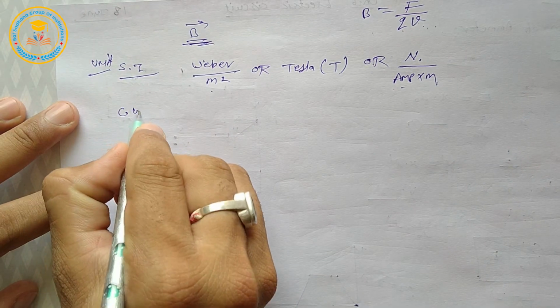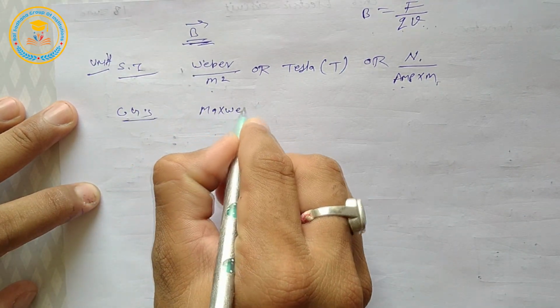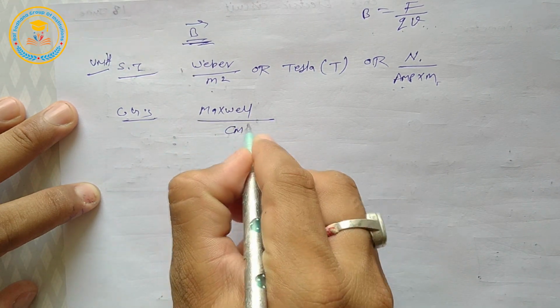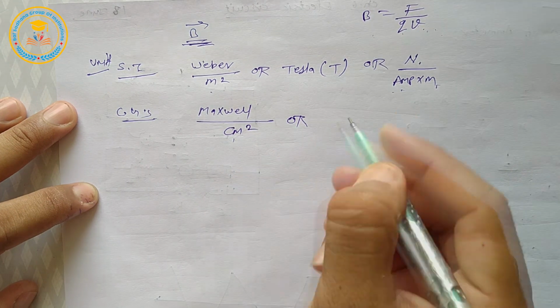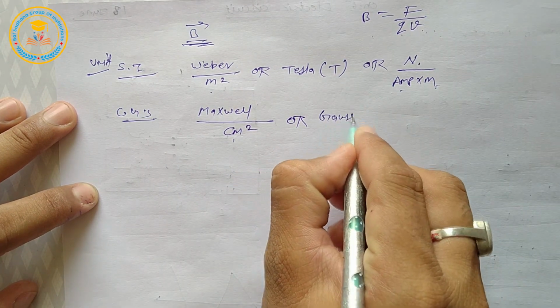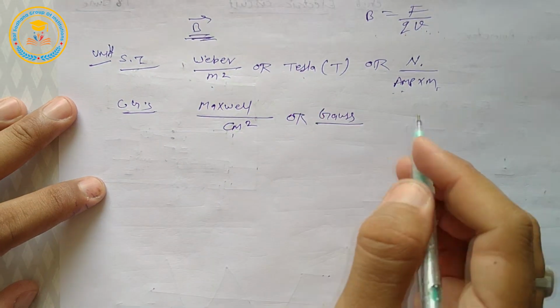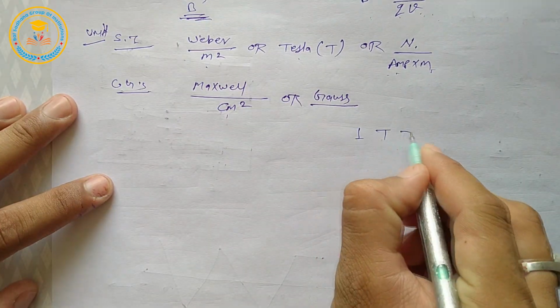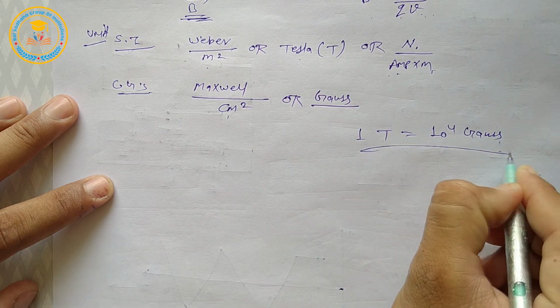In CGS system, Weber is equal to Maxwell and meter is equal to centimeter. So Maxwell per centimeter square or Gauss. And a relation between Gauss and Tesla, 1 Tesla is equal to 10 to the power 4 Gauss.